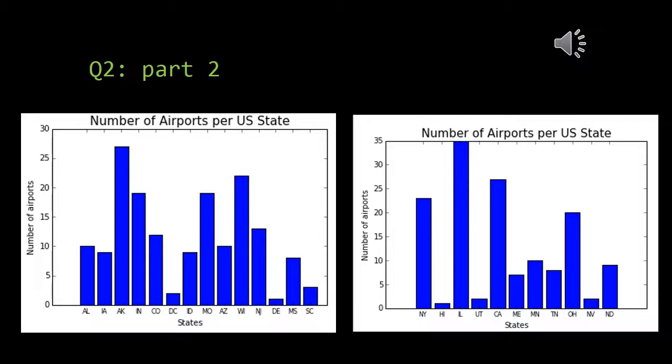For part 2 of question 2, I was looking at the number of airports in each US state, and I found that Illinois, California, and Alaska were all really high in their number of airports, but I expected that. And Ohio and Wisconsin also had fairly high numbers, which was surprising. But the most surprising of them all was Vermont having such a low number of airports for such a high runway square mileage.